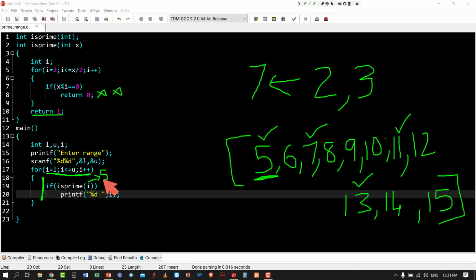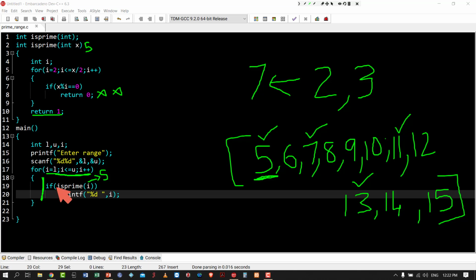The x value becomes 5. So if x value is 5, what will it return? It will return 1.